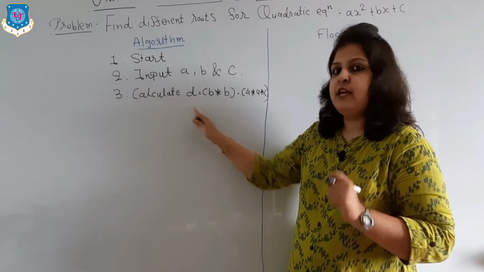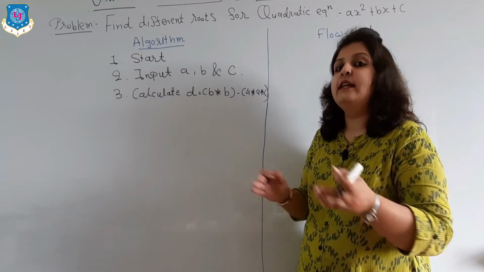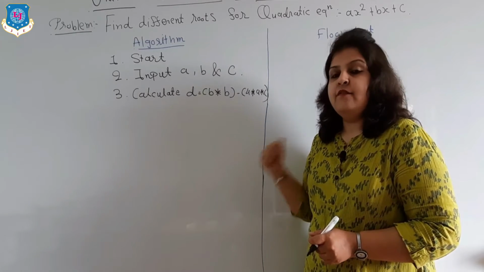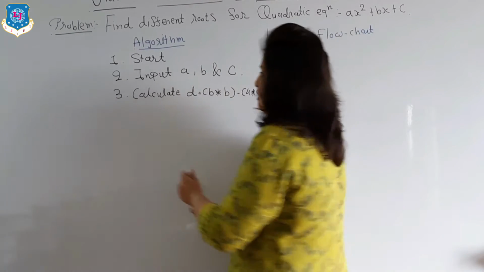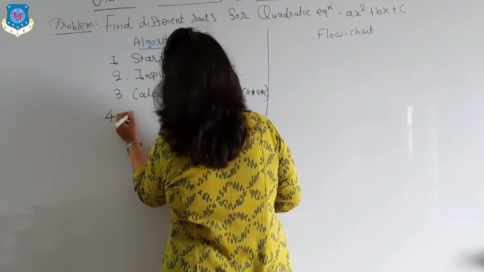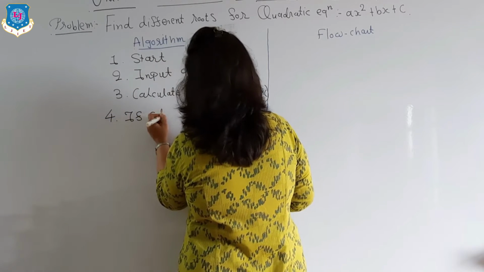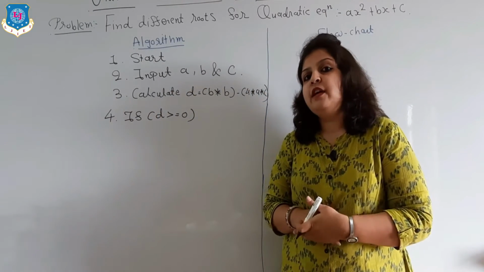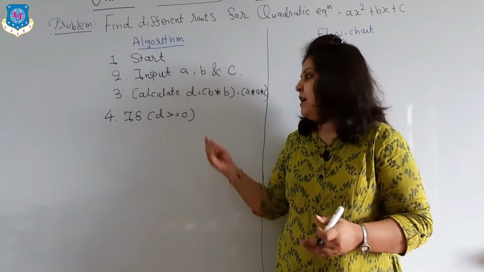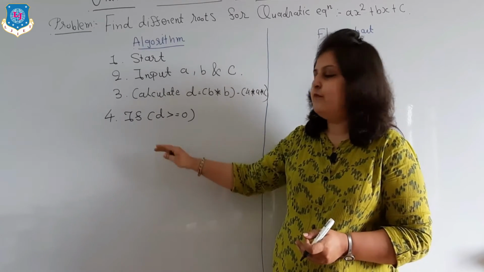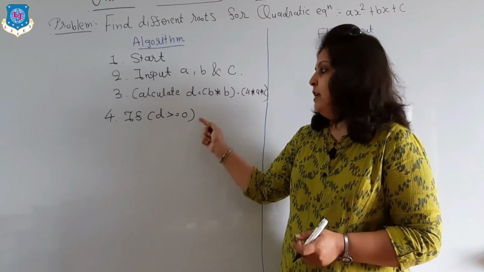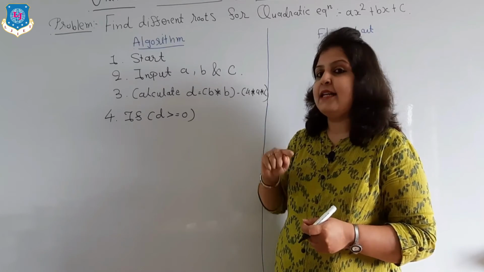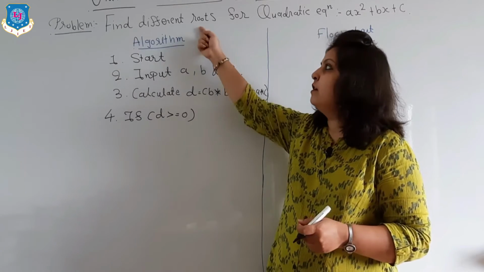And now we have to check the condition, whether d is greater or equal to 0 or less than 0. So in the fourth step we write the condition: if d greater or equal to 0. For a condition we get two different outputs, either the true part or the false part. First of all we write our true part. If this condition is true, then we have to find the value of x1 and x2, that are our roots.